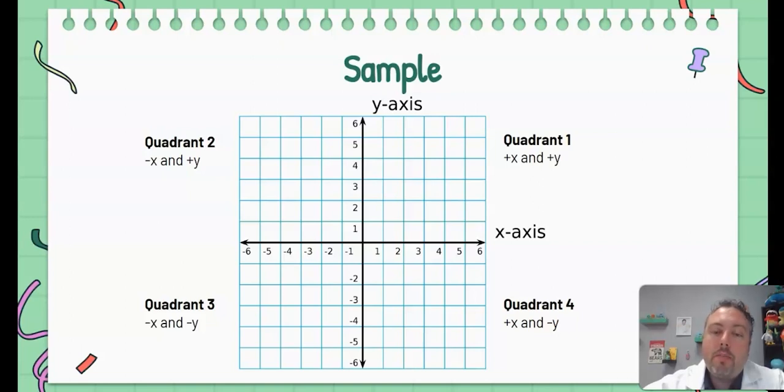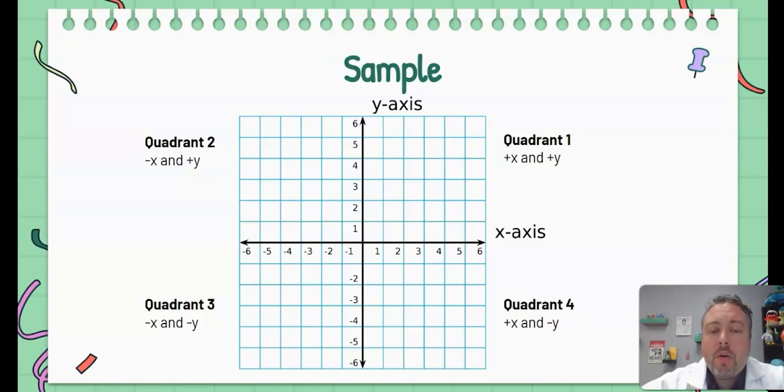Now, of course, the coordinate plane is usually the x-axis and y-axis. It can vary. There are other variables that can be related to each other on the coordinate plane that you learn about as you go through physics or higher level math classes. But for now, the x-axis and y-axis serves our purposes for an Algebra 1 course.